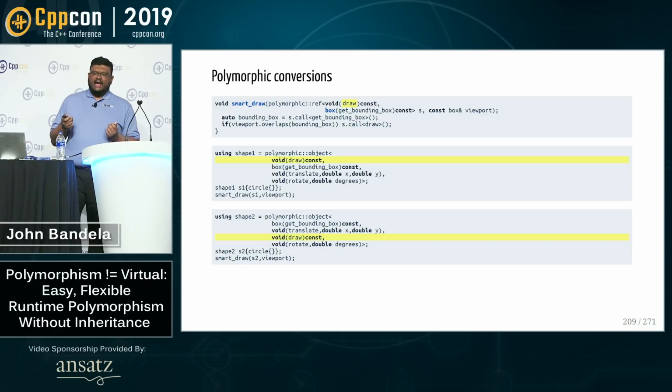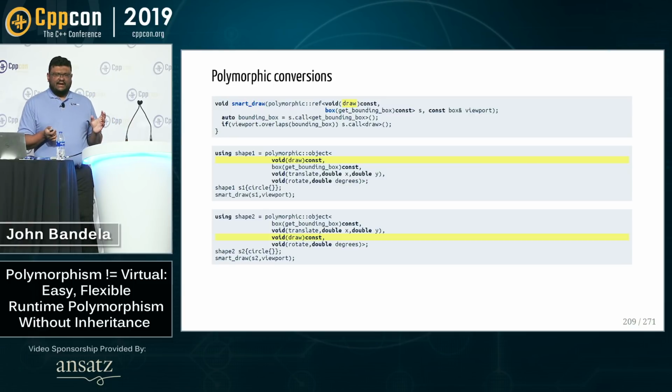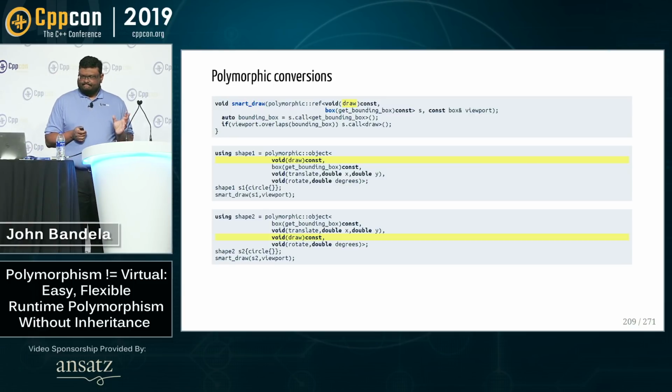And no matter how I arrange the order of these operations, as long as my ref can be satisfied with those operations, it'll convert any type that satisfies it. So now I don't have to think a priori about, oh, how am I going to structure this to minimize my dependencies, to minimize coupling. All I do is just, hey, I have this bag of operations I'm going to support, and whenever I use them, I have these operations that I require, and if I can get those operations out of the bag, I'm good.